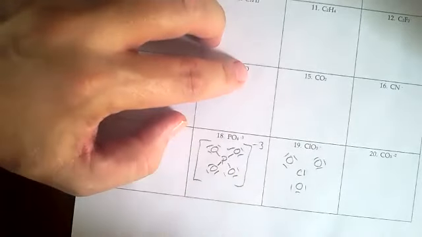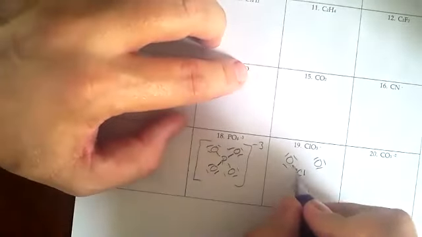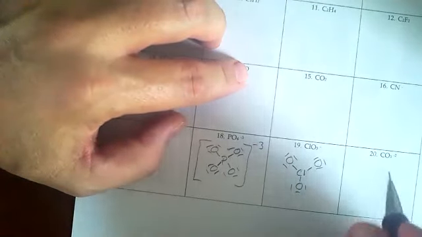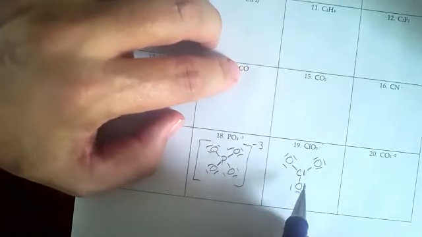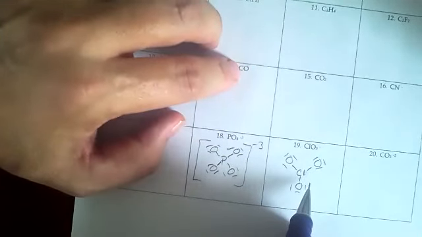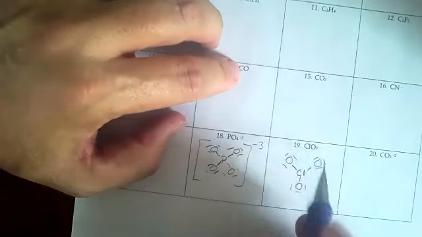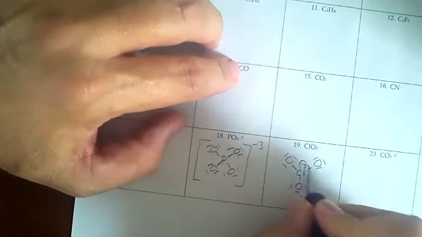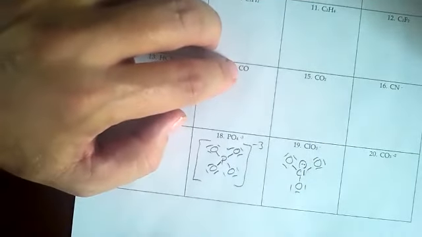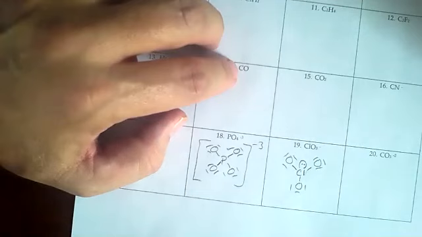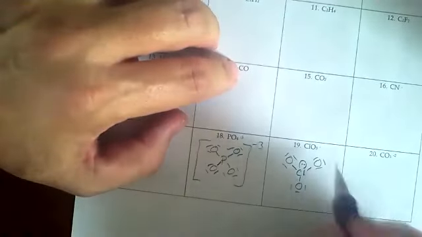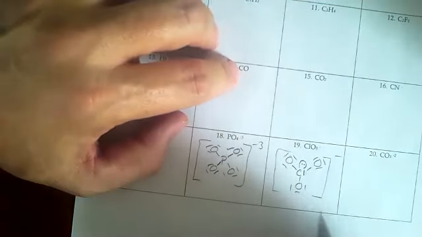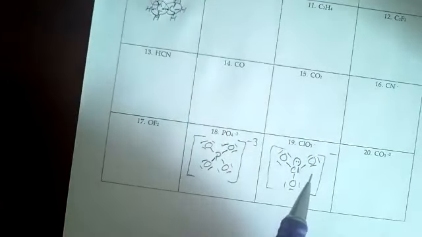I can put them anywhere I need them. I'll use 2 of them for a bond here, 2 for a bond here, 2 for a bond here, and then I've used 6 out of the 8 that chlorine has, if I remember that extra one. So that means I have 2 extras, and remember that center cloud? And if it's minus or plus, we put brackets and a charge. I'm going to have to go over these answers. I'm sorry.